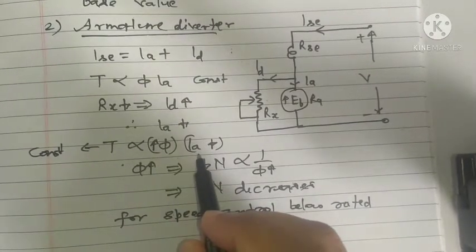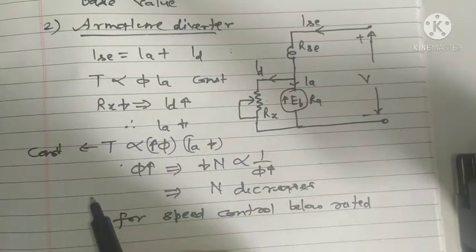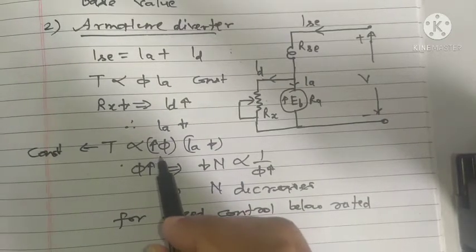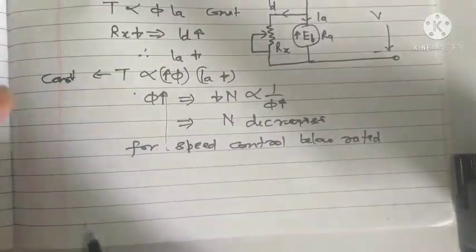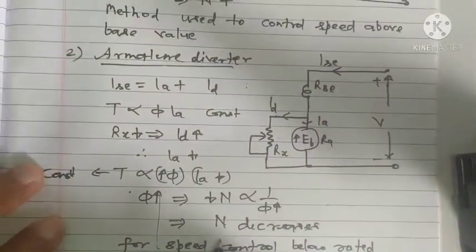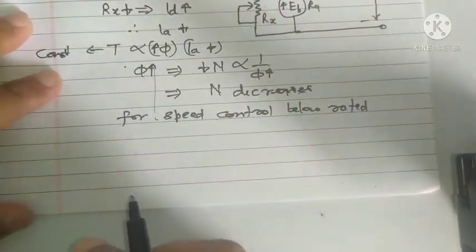So as we have seen, armature current is reduced, therefore flux will increase to maintain torque constant, and as it is increasing, speed will decrease, right? So this is what the armature diverter method is. Another method is tapped field control method.